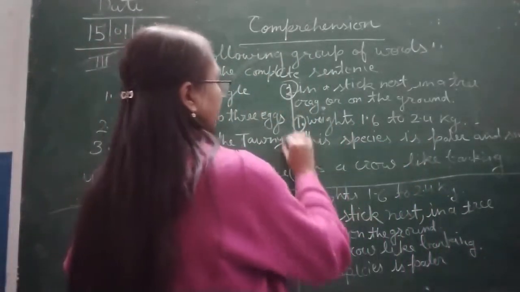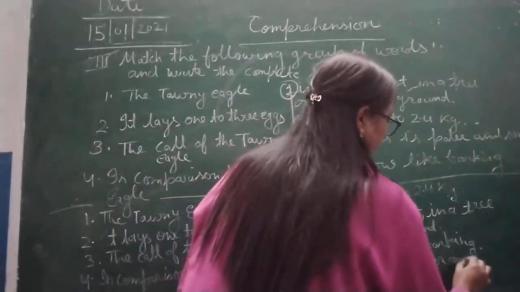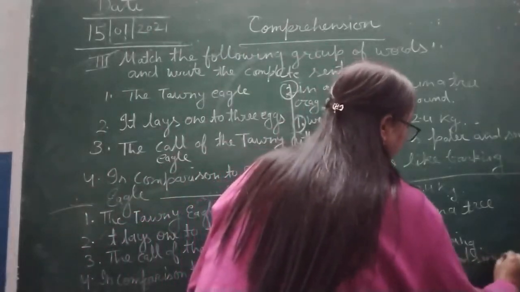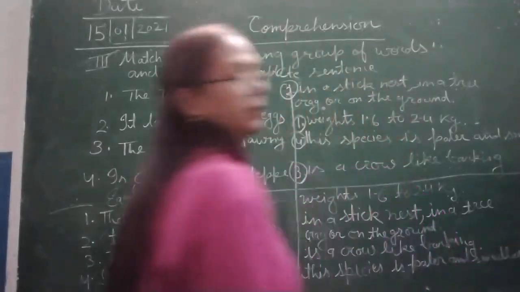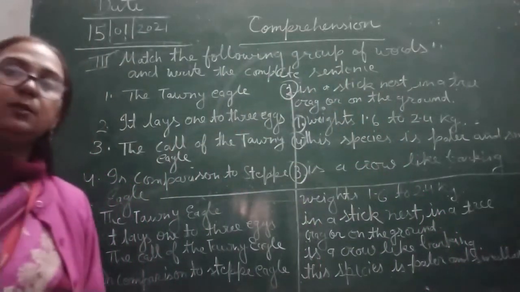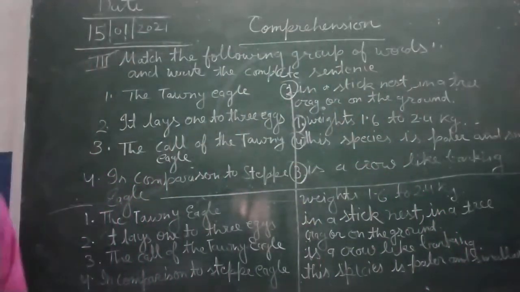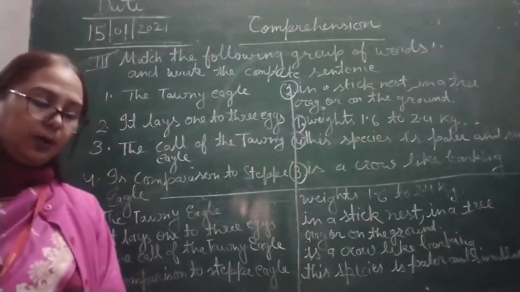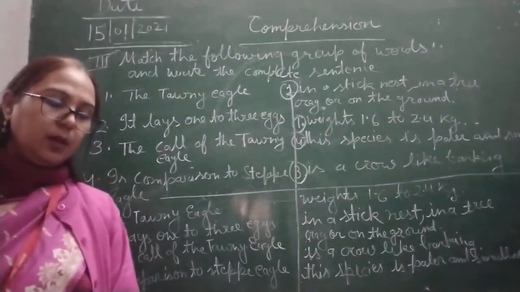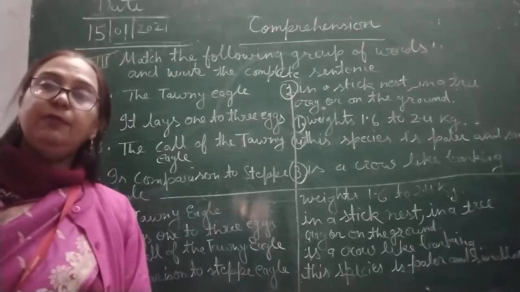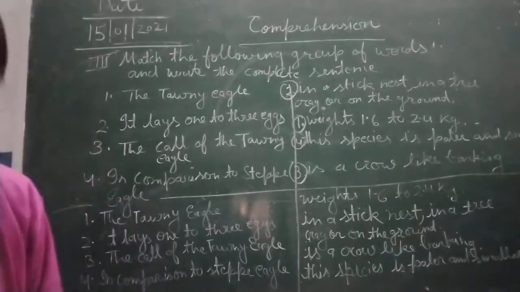This is fourth number according to the passage. So these are the answers of match the column. You can write and take a screenshot. Children, we have completed this comprehension passage.